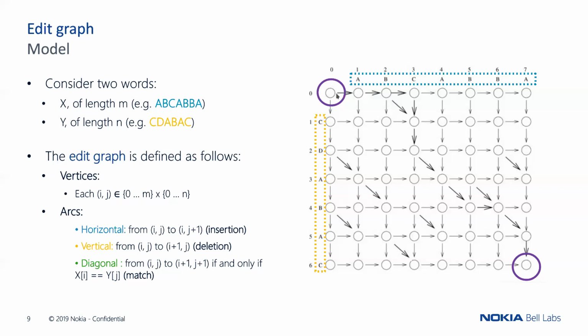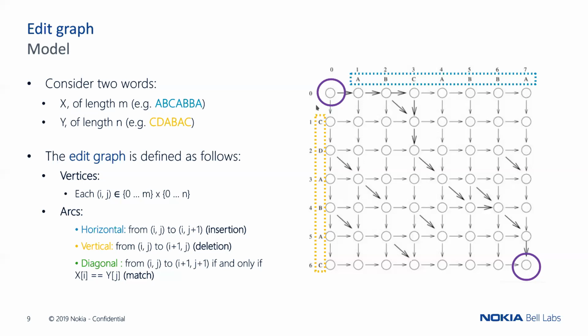So this means that I insert the blue character. If I move like this, it's the converse between insertion and deletion. Anyway, it's not very important. It depends if you go from X to Y or from Y to X. What is important is where you place diagonal edges.